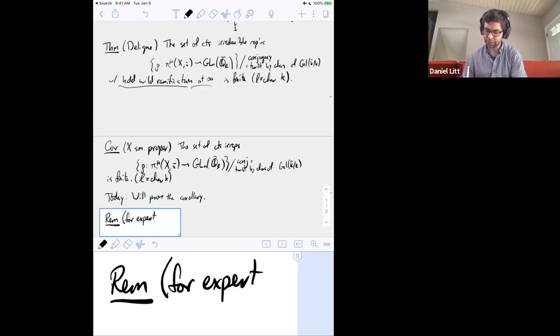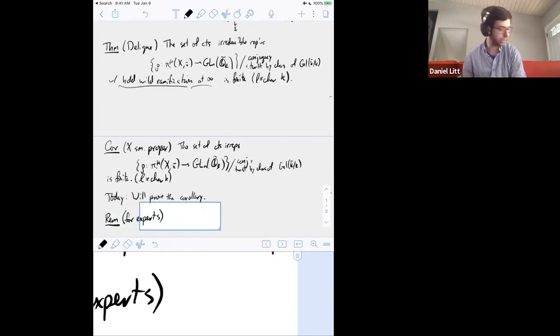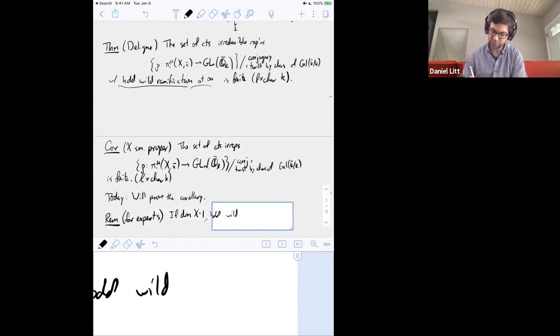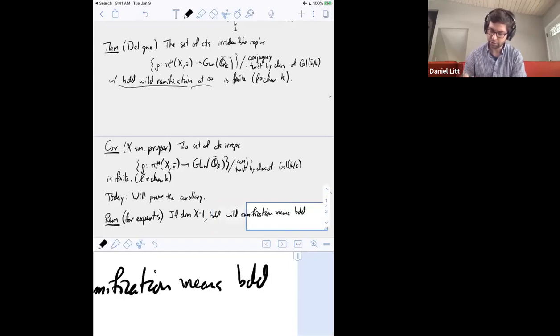And then I'm going to give an example which shows you some kind of condition like it is necessary, and that should be understandable to non-experts. So what does bounded wild ramification mean? If the dimension of x is 1, so if you have a curve, this condition on bounded wild ramification means bounded Swan conductor.